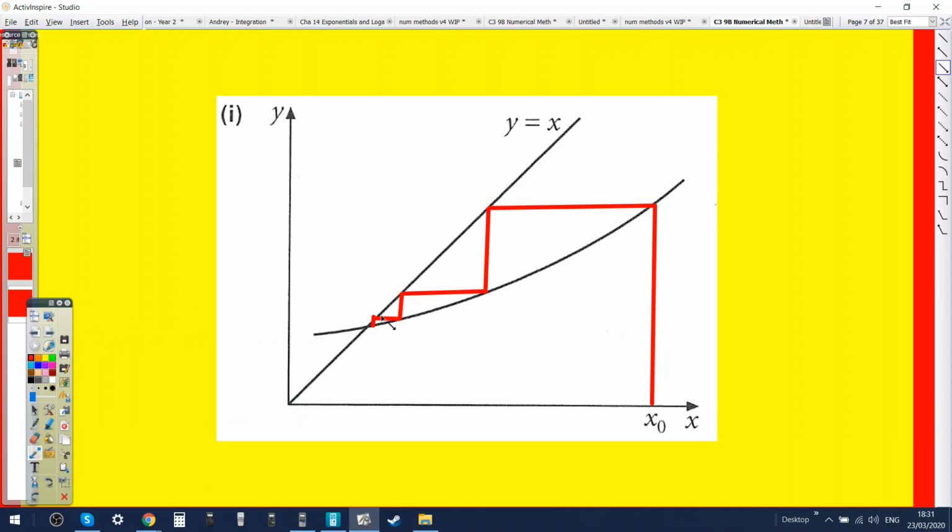Is that what you mean? Yeah. How do you know which way it's meant to solve? It will always be: go up from x0, hit the function, and then y equals x. And that swaps your previous y into your new x. And so in this case, it went from right to left.